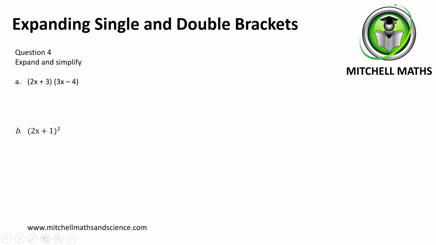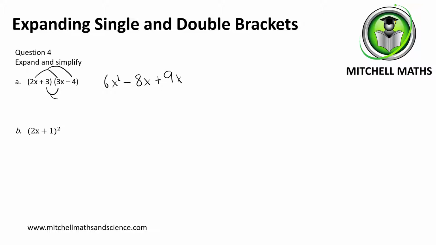The first one's a little bit harder because now we've got numbers in front of the x. We've got 2x times 3x, which is 6x squared. We've got 2x times minus 4, which is minus 8x. We've got 3 times 3x, which is 9, and then we've got an x on.